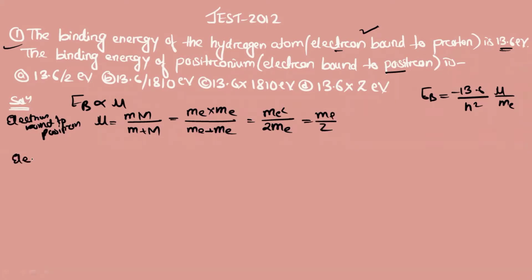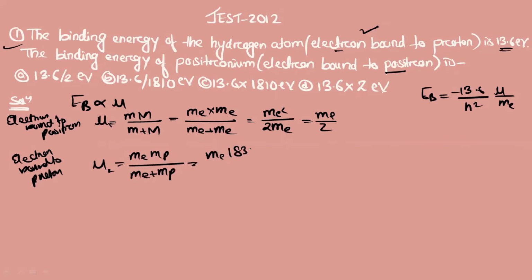Now you will find it for the electron bound to a proton. Suppose I'm taking this to be mu1 and this to be mu2. So for the electron bound to a proton, you will have Me and the mass of the proton, MP, divided by Me plus MP. We know the mass of the proton is 1836 times the mass of the electron. So this is Me plus 1836 Me.